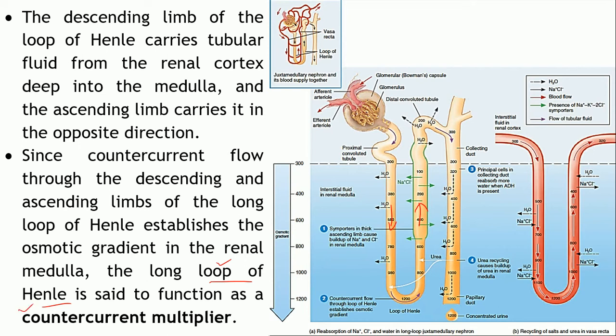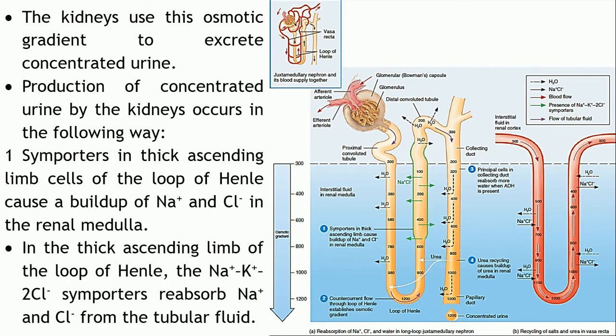These are also known as countercurrent multiplier, because they are responsible for that countercurrent multiplication, which is responsible for the build up of this osmotic gradient. Okay, so this variation in the osmotic gradient is utilized by the kidneys to produce the concentrated urine.